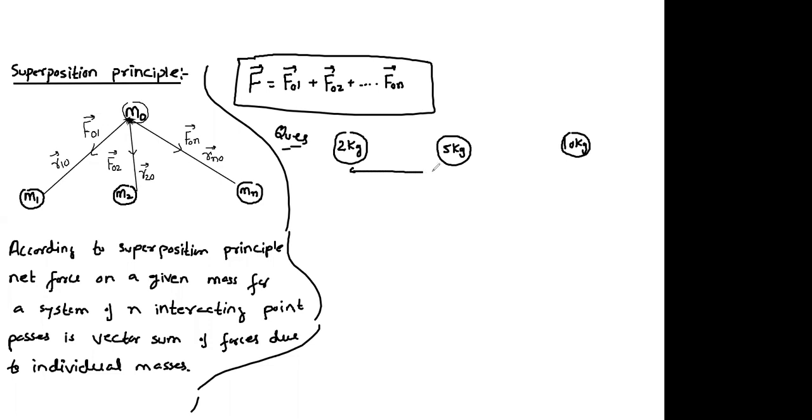Let's say the separation between 2 kg and 5 kg is 10 meter, and the separation between 5 kg and 10 kg is again 10 meter. I call these mass 1, mass 2, and mass 3. I'm asking you to calculate net force on mass 2.